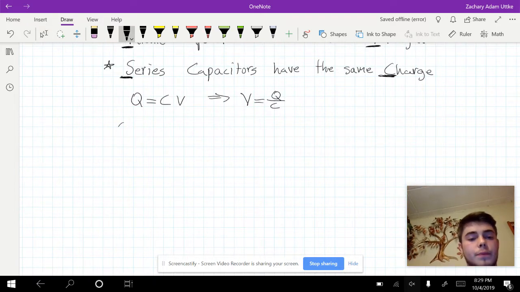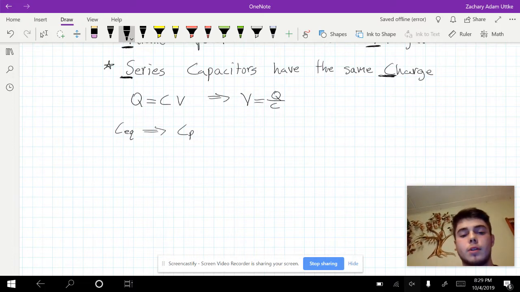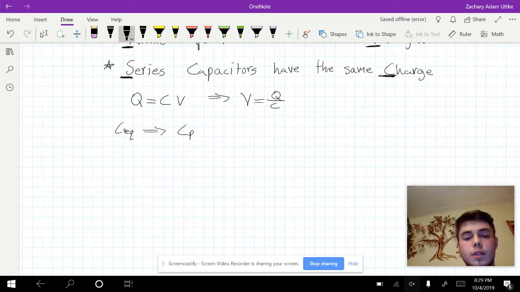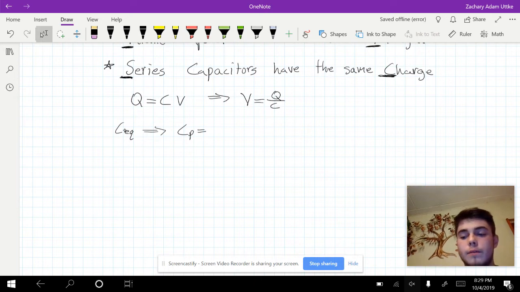And also, step one to figuring out that circuit is going to be finding the equivalent capacitance. So there are two different types of equivalent capacitance. There's when capacitors are parallel to each other, which is C_P, and to find that, you just simply add them up. So this is the equation that we're going to use.